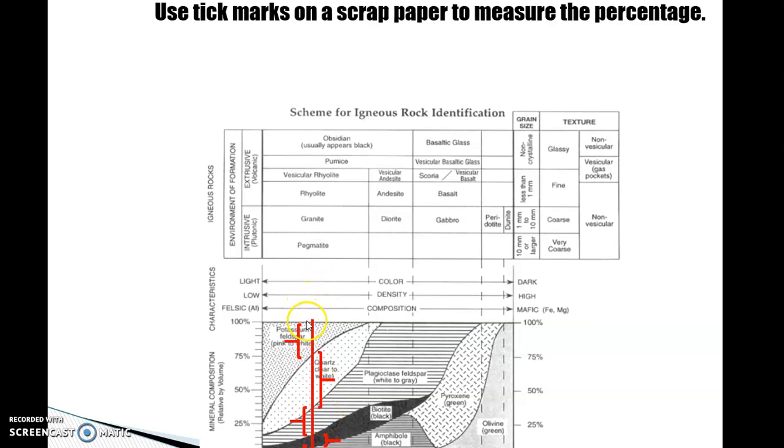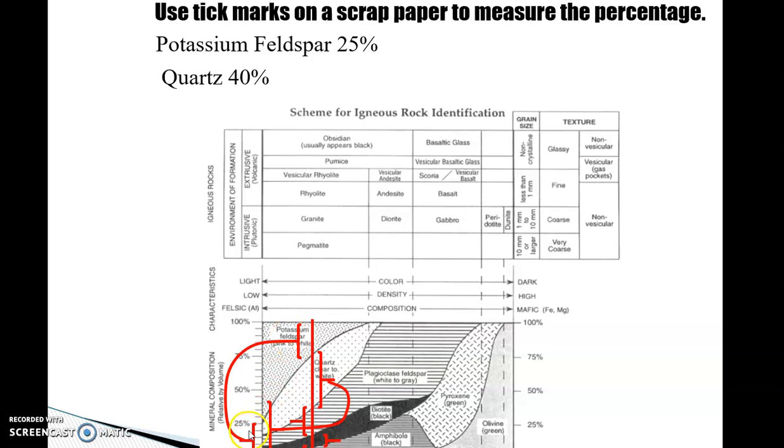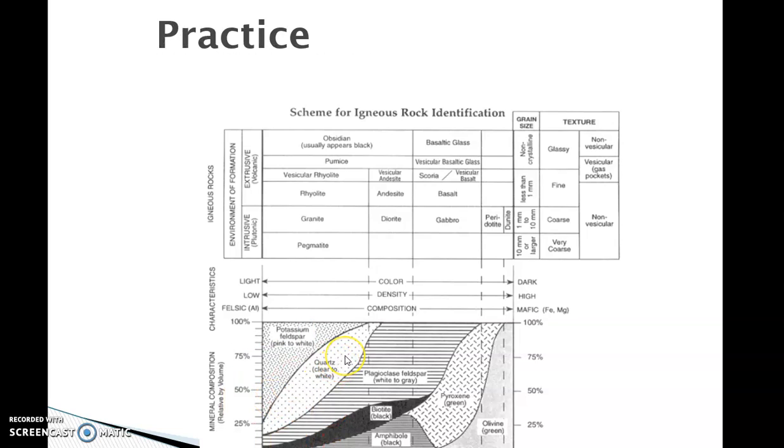And if you were to take a sheet of paper, lay it across that, and mark off each of the sections, you could estimate how much of each mineral is in your rhyolite. So rhyolite might be made up of 25% potassium feldspar. It might be made up of 40% quartz, and so on. All right? We're going to take a look at that tomorrow, but it's a great use of this tool where we could find out what minerals are in each rock.